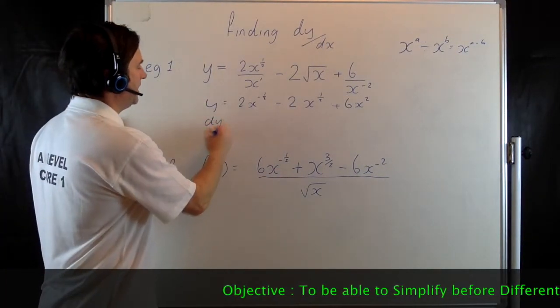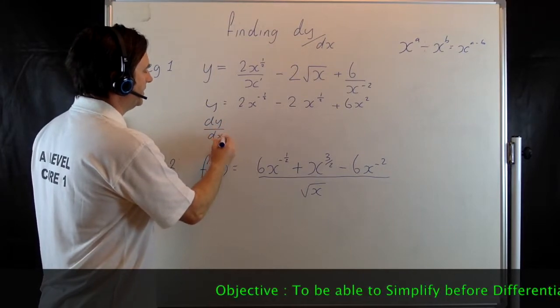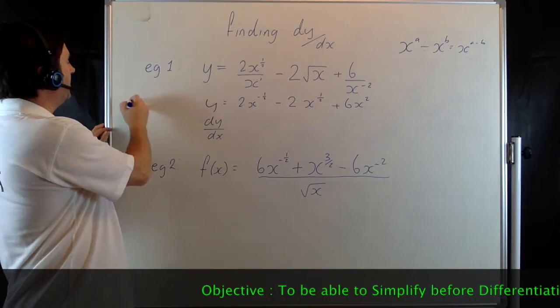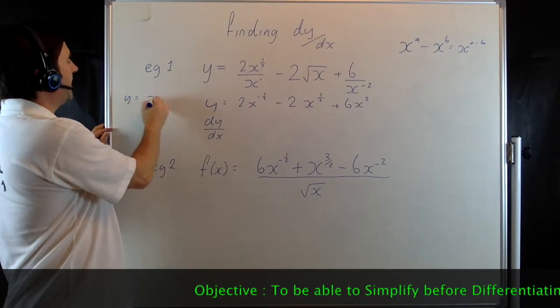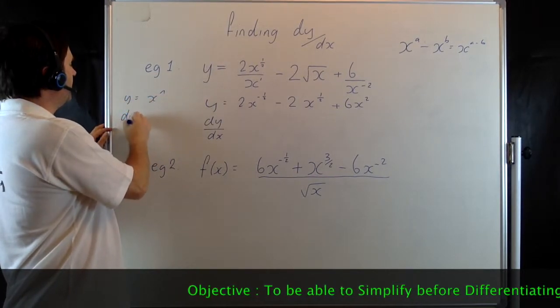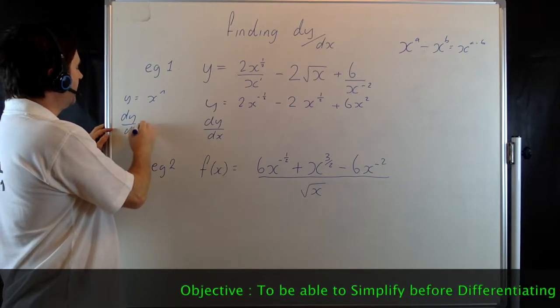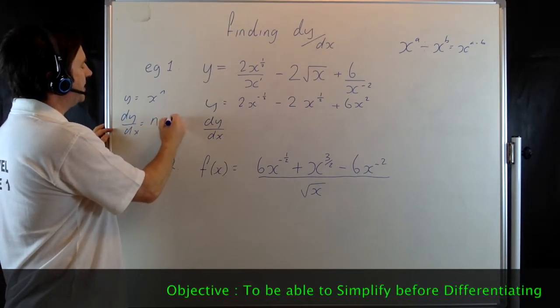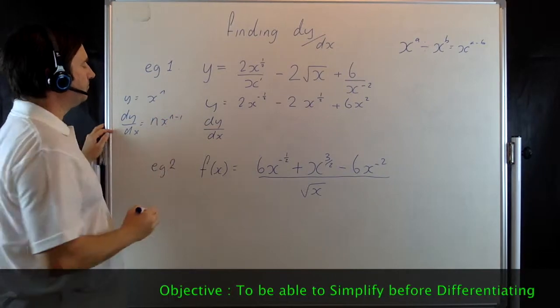So dy dx. If you remember from the first tutorial, if y equals x to the n, then dy dx is going to equal n times x to the n minus 1.